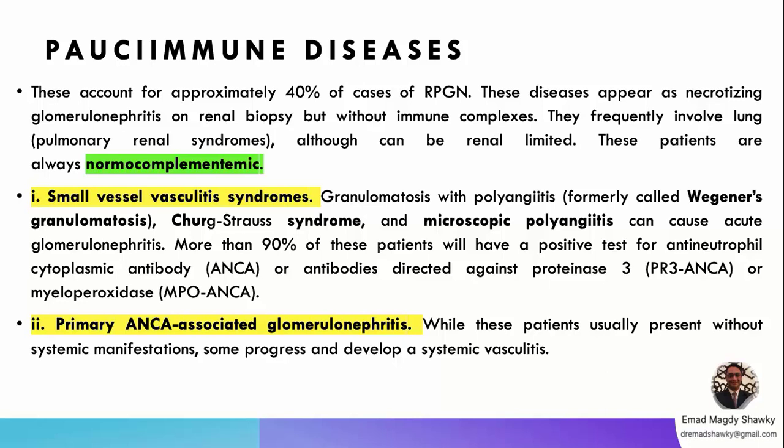And here I will find a specific antibody positive in those patients, named the anti-neutrophil cytoplasmic antibody. I may have a form of those, not systemic, in this autoimmune is only renal limited and called primary ANCA associated glomerulonephritis. Here primary means affection of the kidney only. Secondary means that there is a universal body affection and it affects the kidney secondarily.